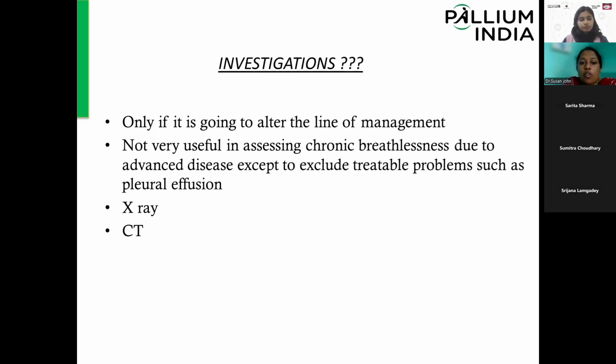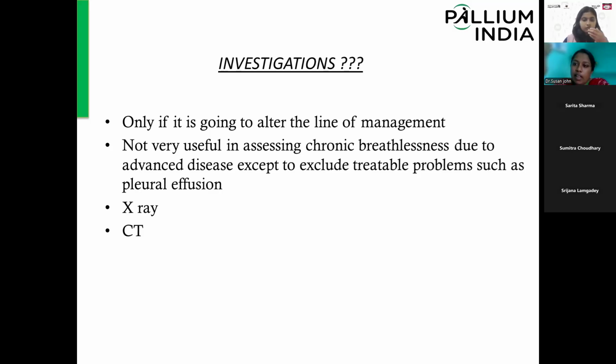Okay. So, not very useful in assessing chronic breathlessness due to advanced disease. Expect to exclude some treatable problems such as pleural effusion. If any correctable cause is there for the breathlessness, we can proceed with the investigations to correct it.